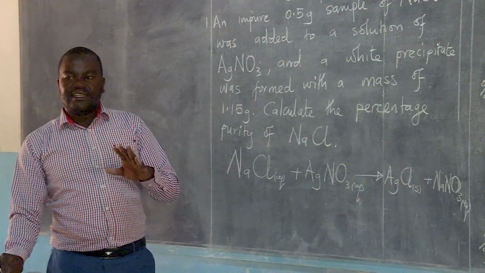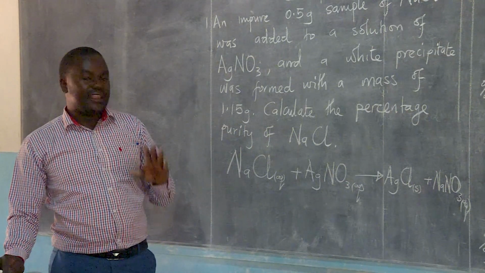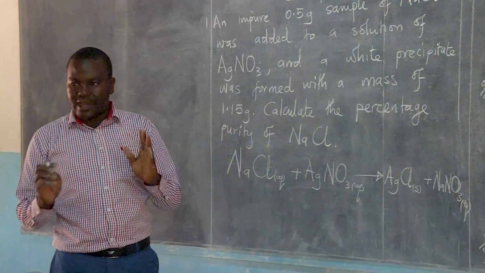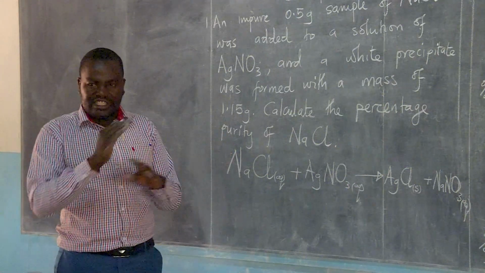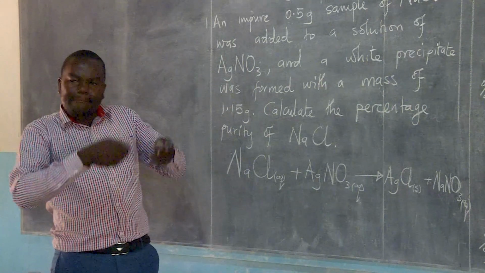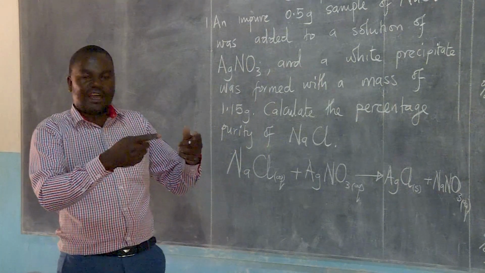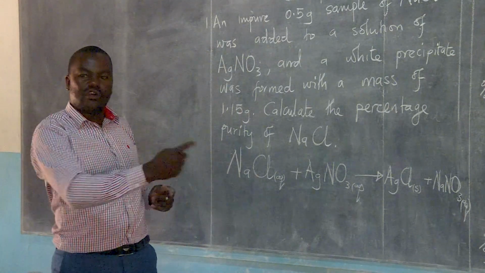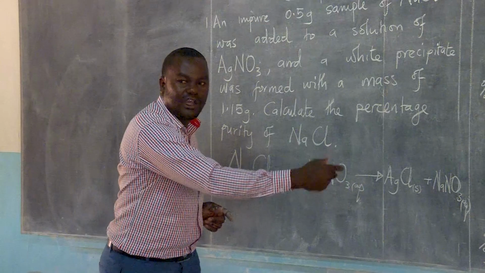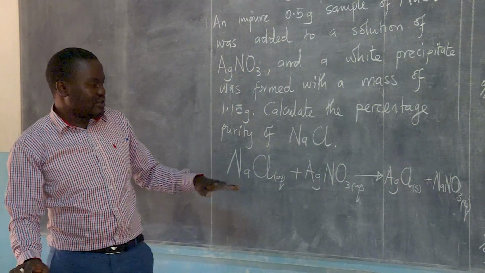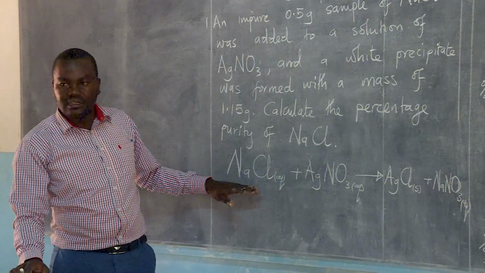After you've constructed a chemical equation, the next thing you're supposed to do is to ensure that it is balanced. You check. When we were in grade 10 we discussed that the number of atoms of a particular element on the left must be equal to the atoms on the what? On the right. So let's do a quick check. How many atoms of sodium are on the left hand side?